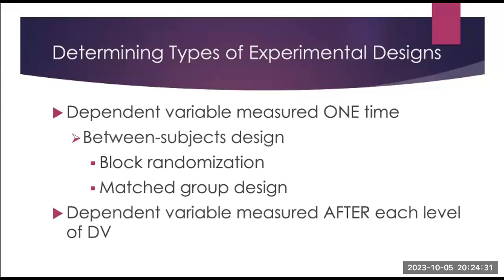If the dependent variable is measured after each level of the IV, then we're talking about a within subjects design. So remember, within subjects design, it's repeated measures. So those are the main basic types of research design. We have the between subjects, and then we have the within subjects, right? And we have the post-test only, and we have pre-test, post-test.